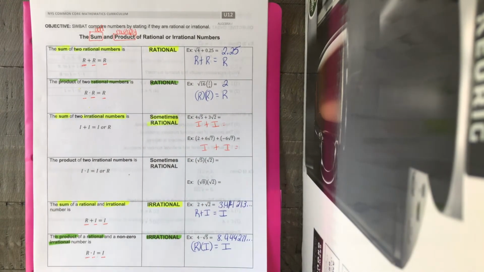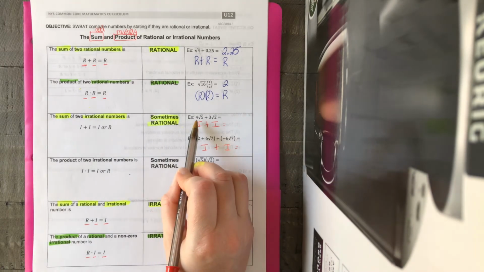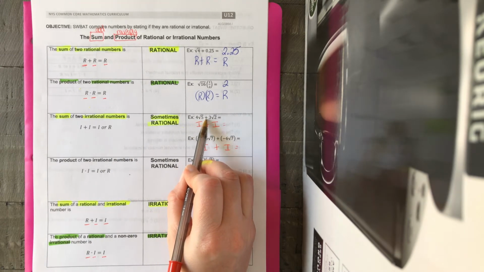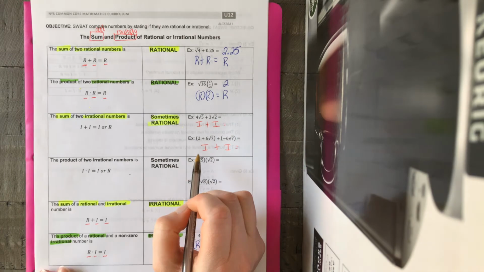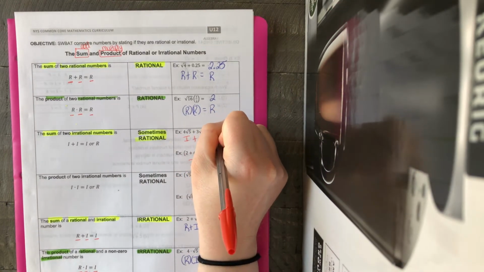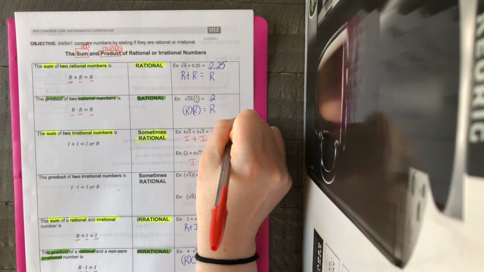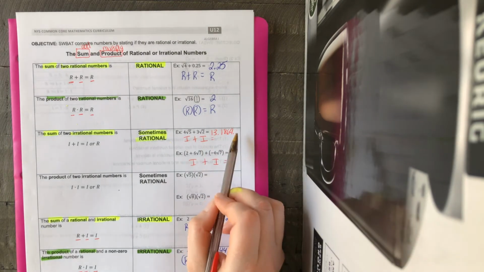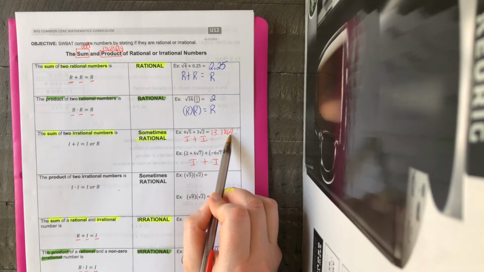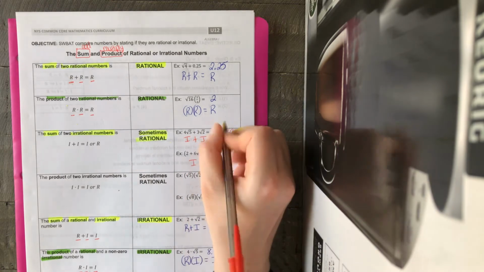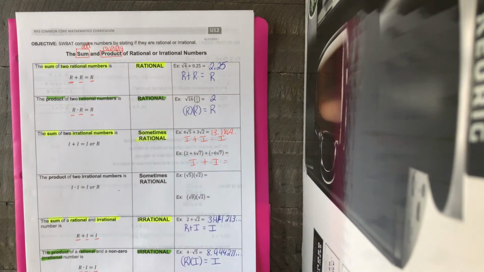Let's see what happens when I add them together. If I type in 4 rad 5 plus 3 rad 2 in my calculator, you get 13.1869... It goes on forever and it doesn't repeat. So this is an irrational answer.